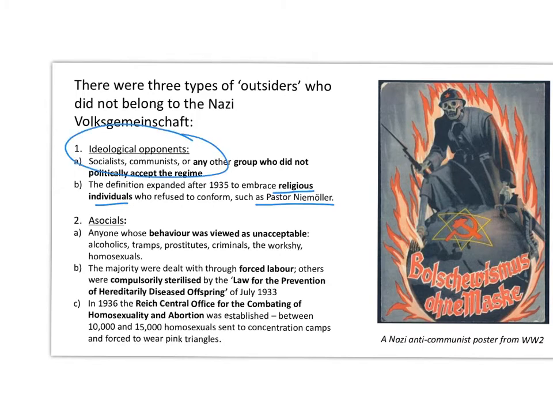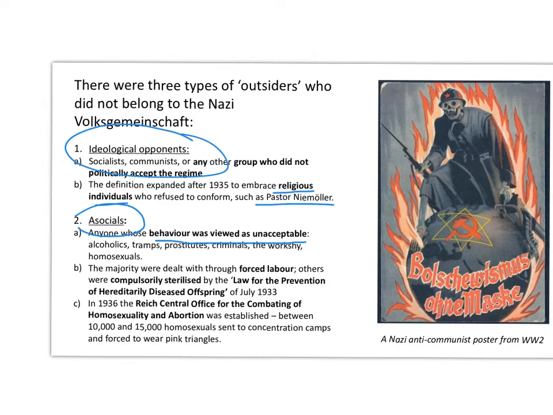Then you've got another type of outsider who did not fit in, and they were what we call the asocials. Those are people, Germans, whose behaviour was viewed as being unacceptable. Now, remember when we talked about the Volksgemeinschaft, we said a good German was supposed to be absolutely selfless in all their thoughts and all their actions, working to strengthen Germany, to bring Germany together.